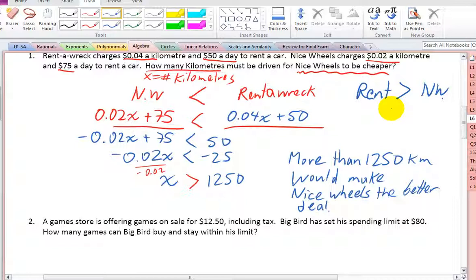Yeah, I know. And the reason why is when you're moving something like 75 to the other side, you said it's probably a positive 25. And so you moved it wrong, right? You went plus 75. You should have went minus 75, right? Good.